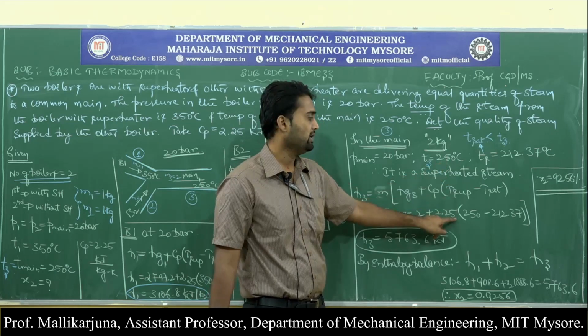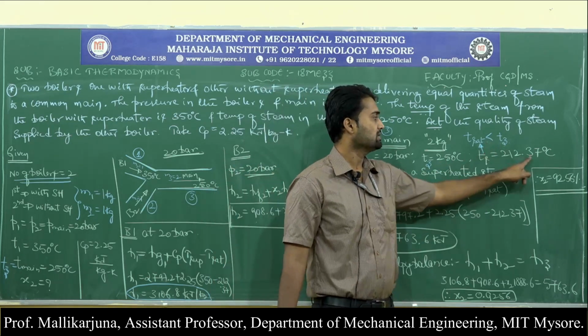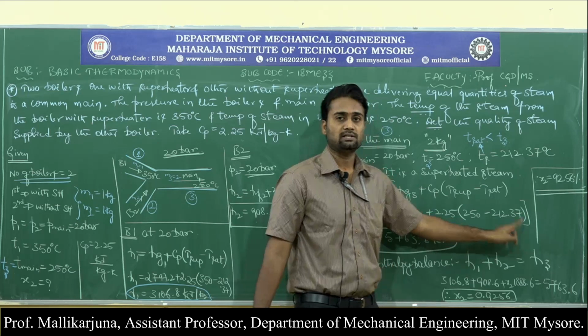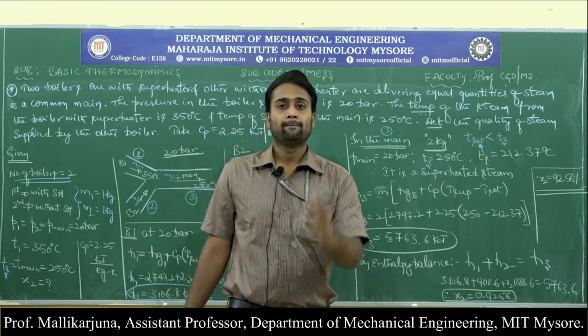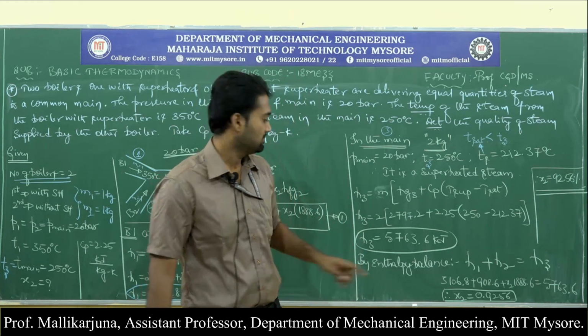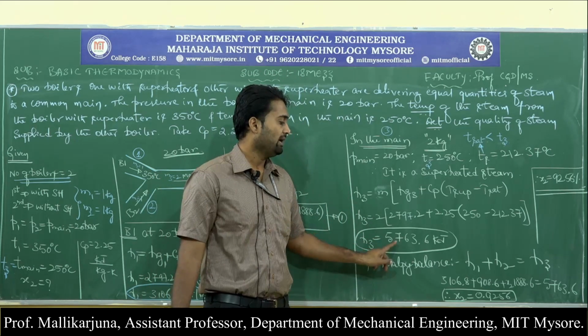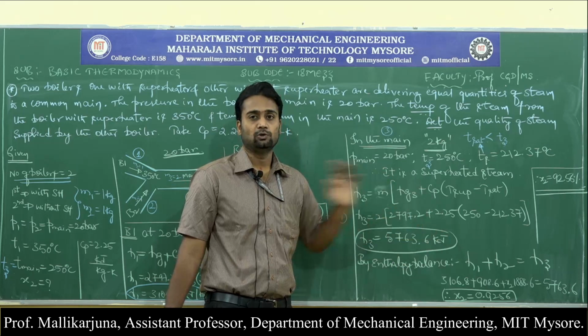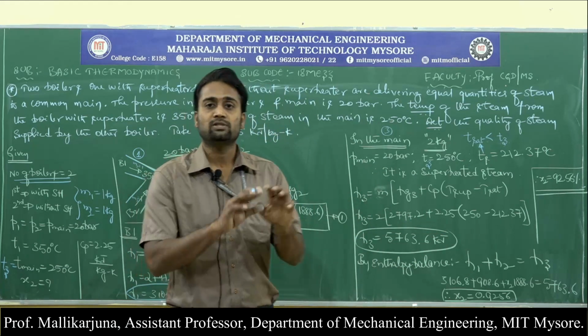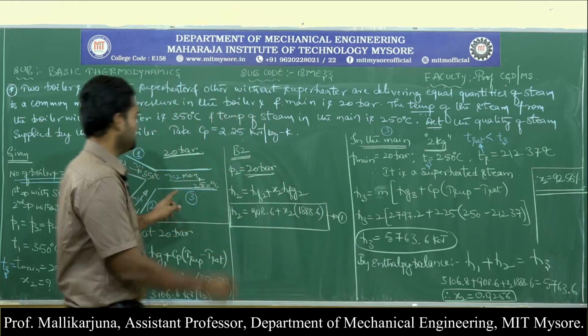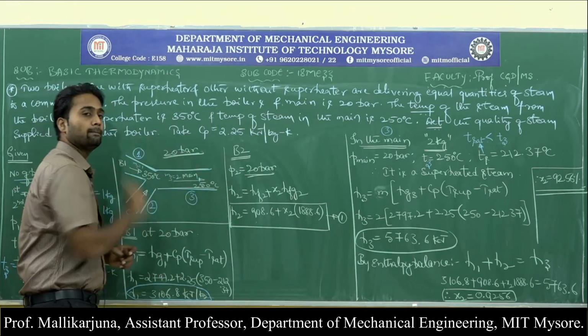It is 250 minus T saturation. What is the T saturation? 212.37. If I operate that, I will get the enthalpy of the steam which is present in the mains. So enthalpy of the steam is 5763.6 kilojoules. So this is the enthalpy possessed by the steam which is present in the mains. That means the steam which is going through the mains.